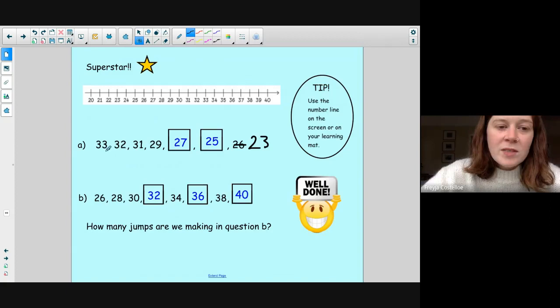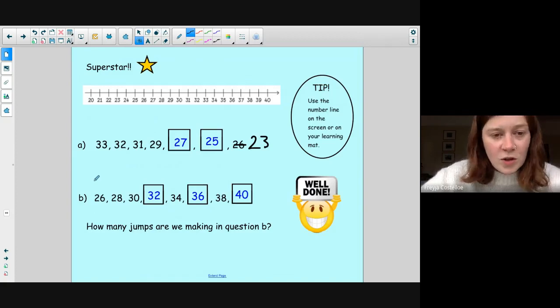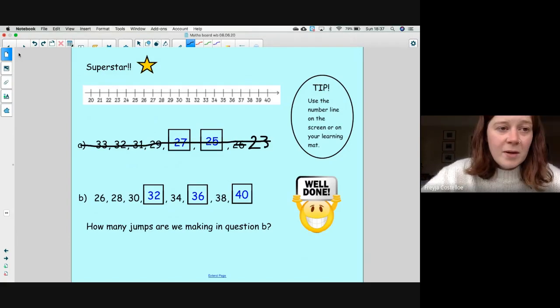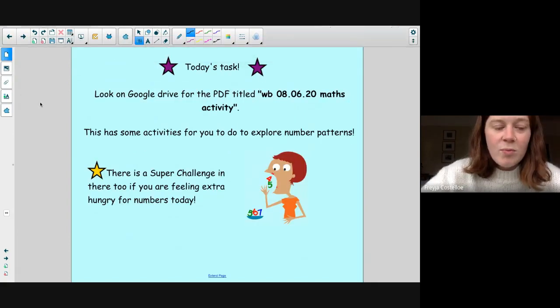And what about this one here? Oh, do you know what? I've messed this one up completely. I've put in all the wrong numbers, so ignore that one. I'm sorry. But don't you worry, because you're going to be able to have plenty of time to practice these, because I promise that I haven't messed up the activities.